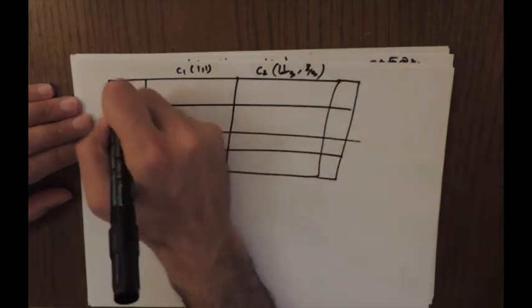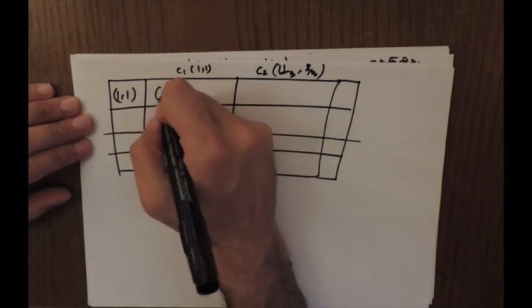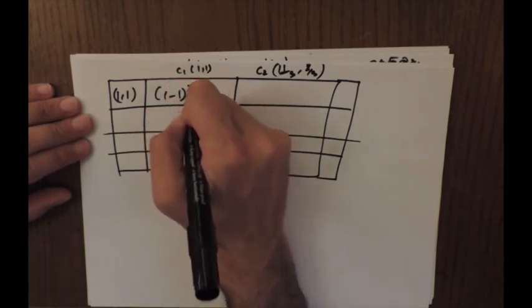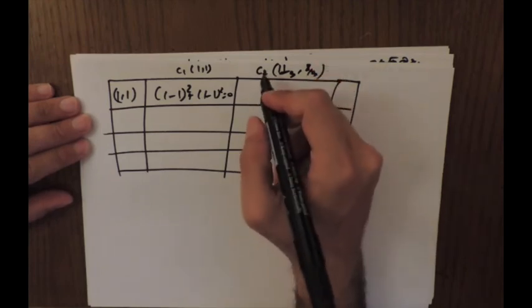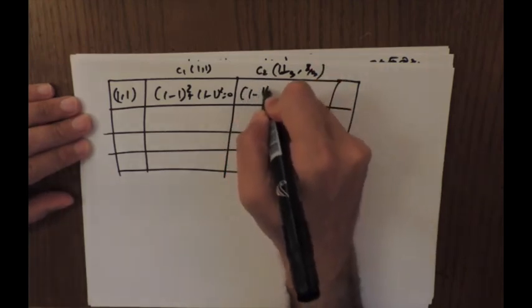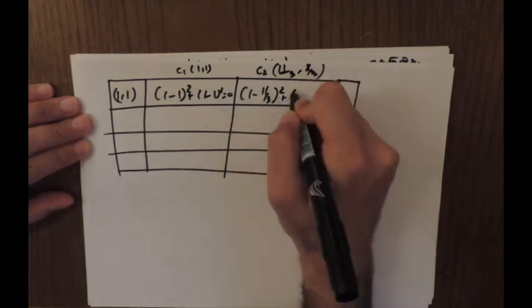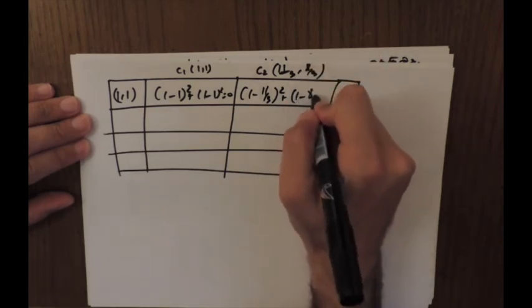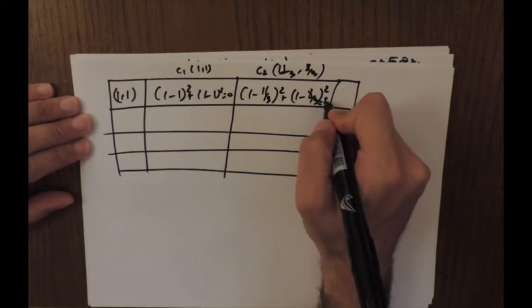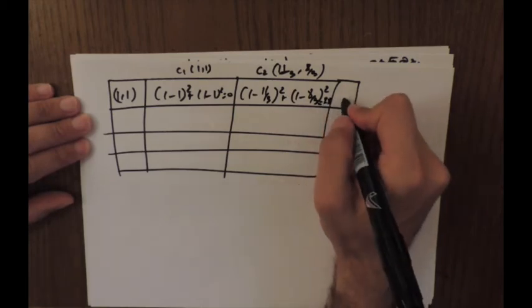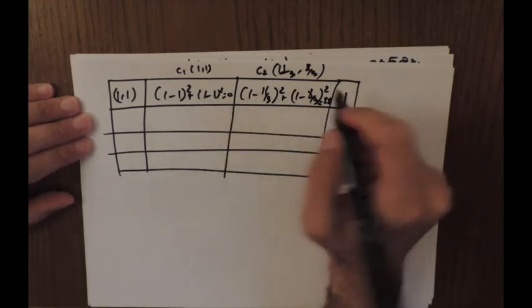So we have 0.11, and here of course we still have (1 minus 1) squared plus (1 minus 1) squared, which is equal to 0. And now we have (1 minus 11/3) squared plus (1 minus 8/3) squared, which is equal to 9.8. So I'm going to choose the minimum, which is 1.